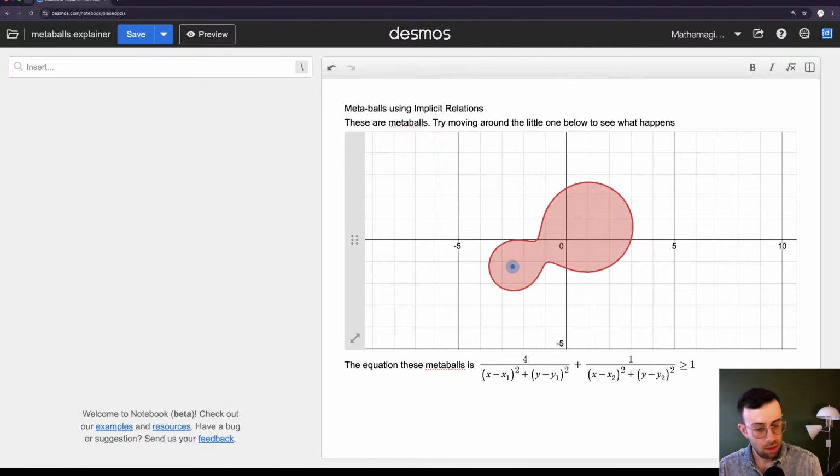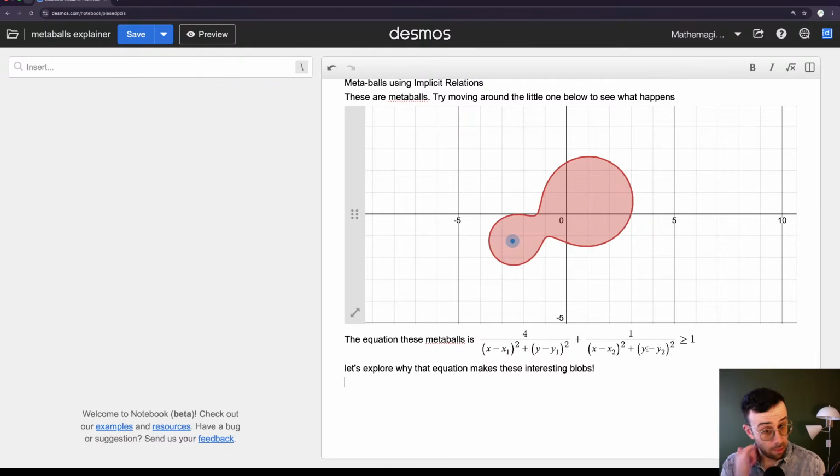Let's explore why that equation makes these interesting blobs. Okay, cool. So the idea is, let's just look at the first term. The first term is going to be that, just to simplify things.